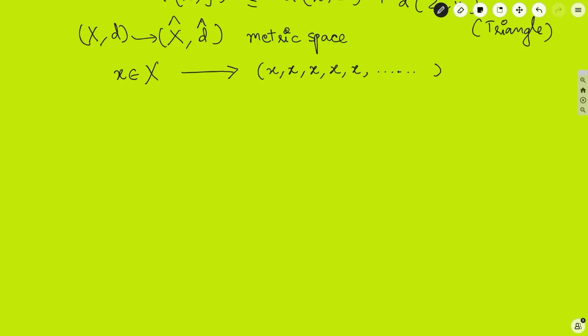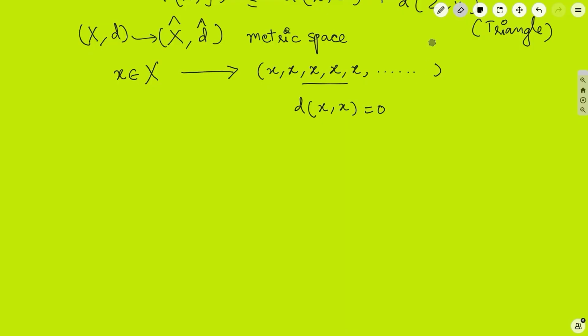Now, does this sequence belong to the space? Remember, this is the space of the equivalence classes of all Cauchy sequences. Is this Cauchy? It is Cauchy, because the terms are the same, and the distance between any two consecutive terms is 0.